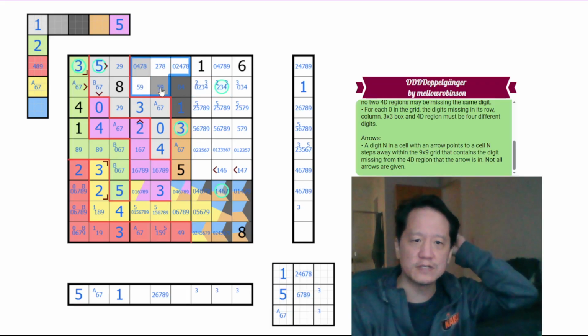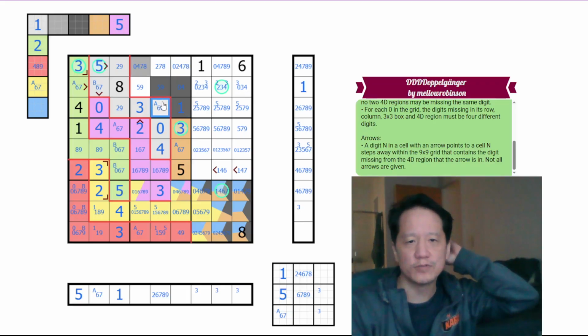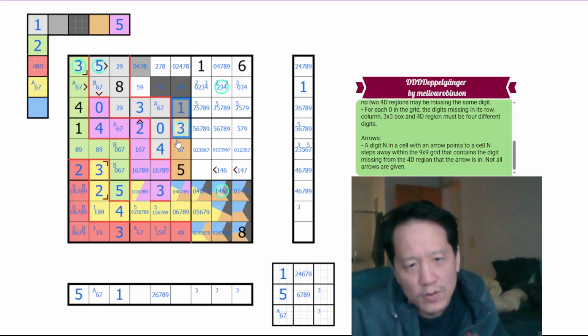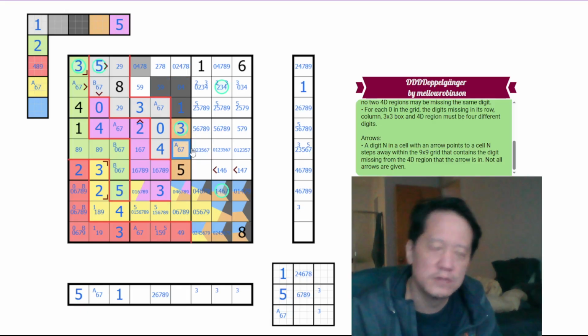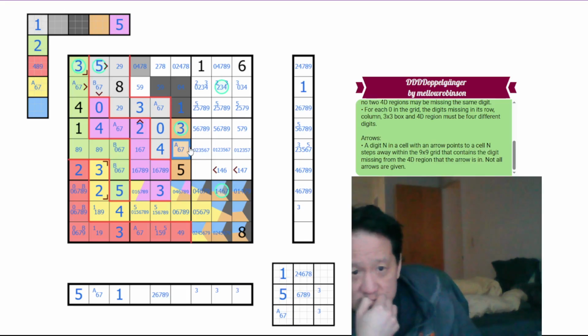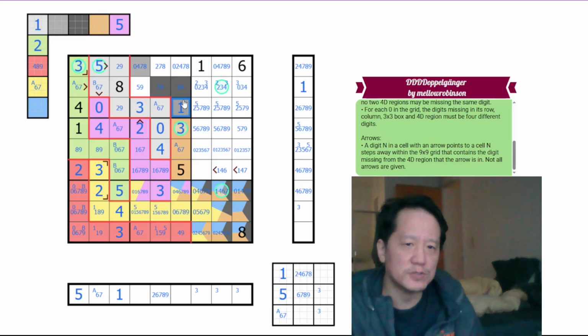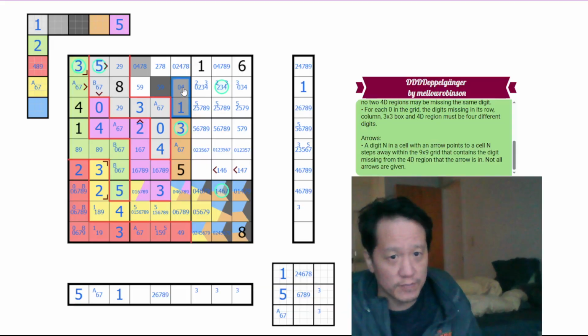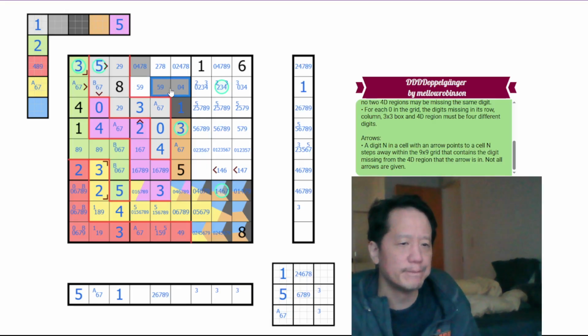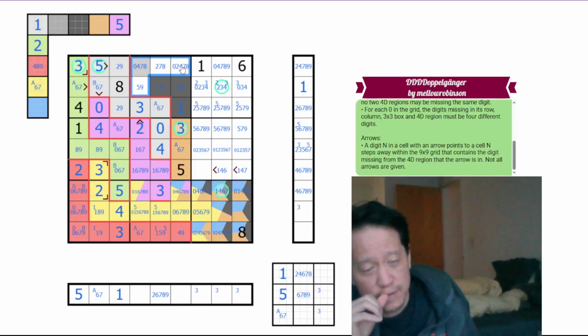You couldn't have a 6 here, and this would be then whatever. Can it be part of orange? Maybe. I mean, it seems okay. We just know that this 1 has to be part of a region with this cell and this cell. But this is not guaranteed.